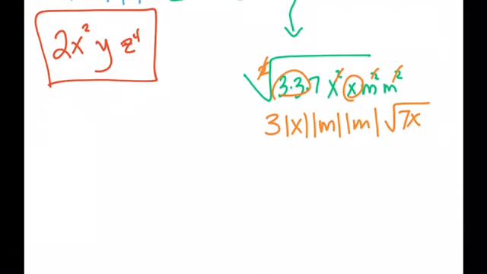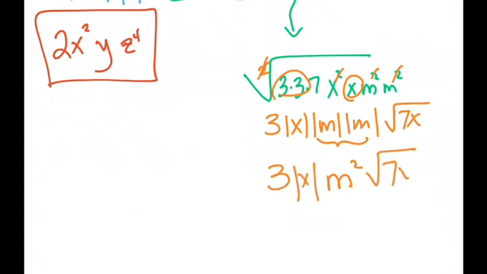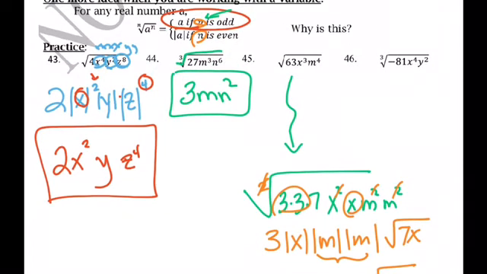So as far as simplifying that, the m times m, it doesn't matter if those are negative or positive. Since I'm going to square it, I don't have to worry. But the x does need to be an absolute value. Okay, and then the last one, 46, because it's a third root, we're not going to worry about it. You don't have to worry about any of that if that is an odd number.